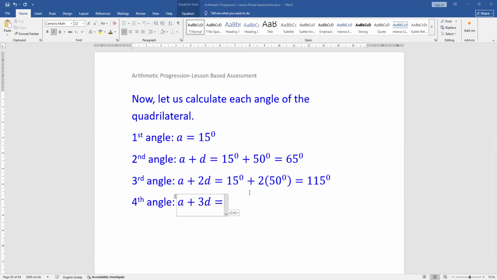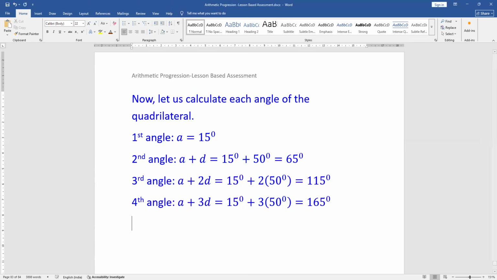So A plus 3D means 15 degree plus 3 into 50 degree, which is equal to 3 into 50 is 150. 150 plus 15 is 165 degree.